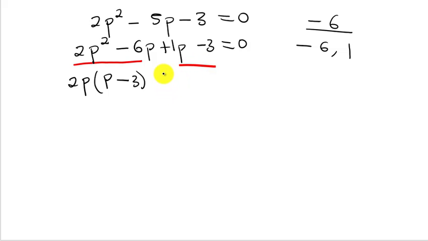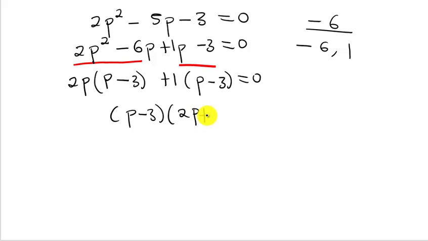Common factor there, in this case, positive 1. You open your bracket and you are left with p minus 3 equal to 0. Therefore, you are going to have your p minus 3 and 2p plus 1 all being equal to 0. We are solving for p.